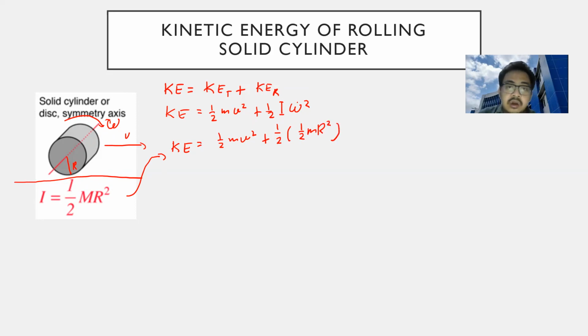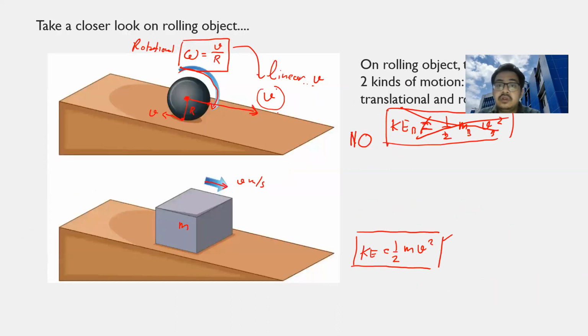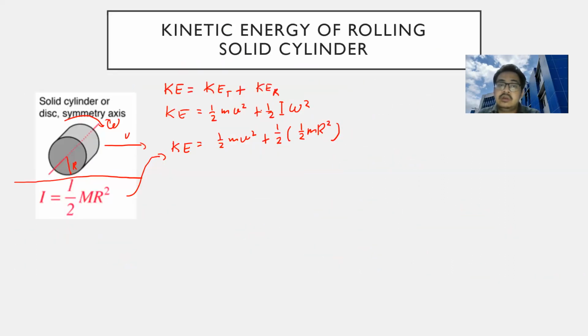And how about the omega, or the angular velocity? Now I have shown you that the omega, or the angular velocity, is equal to v, or linear velocity, divided by r, or the radius of the rolling object. So we can decompose this.